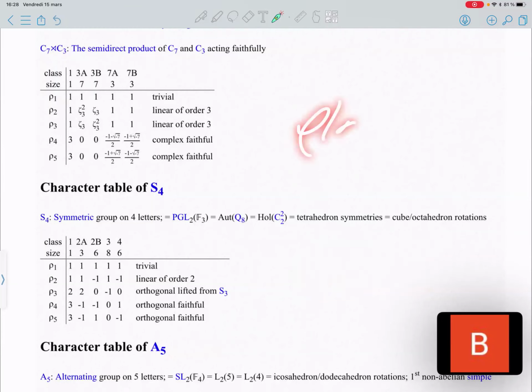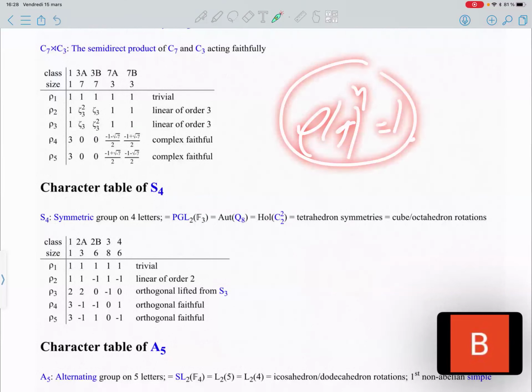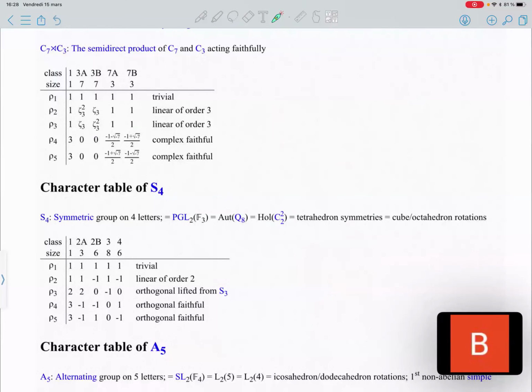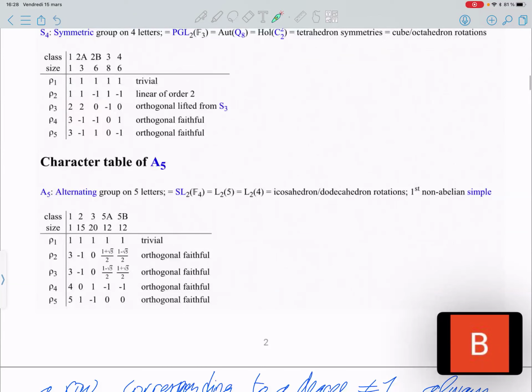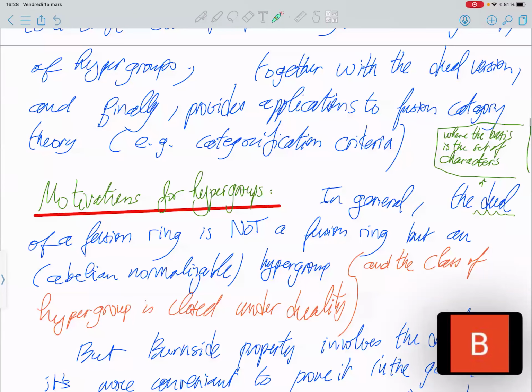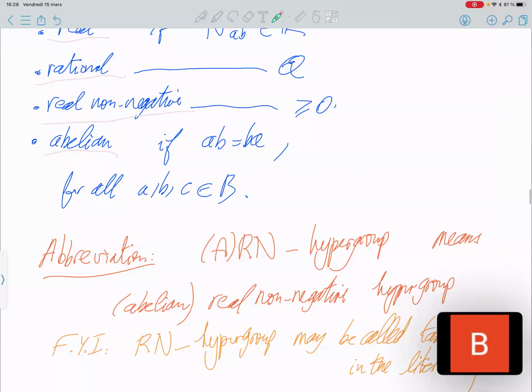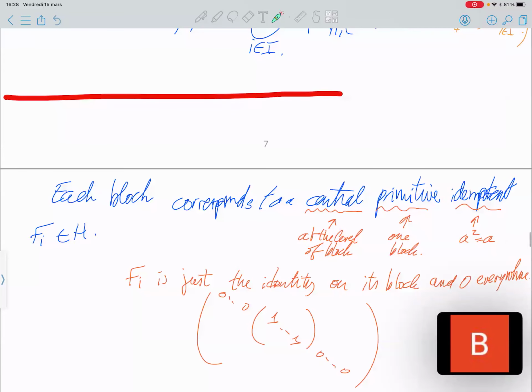So rho of G^n is 1, so it's a root of unity, and so cannot be 0. That's why. And that should work for a general commutative fusion ring.